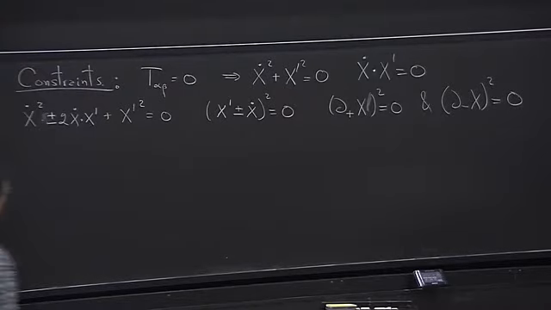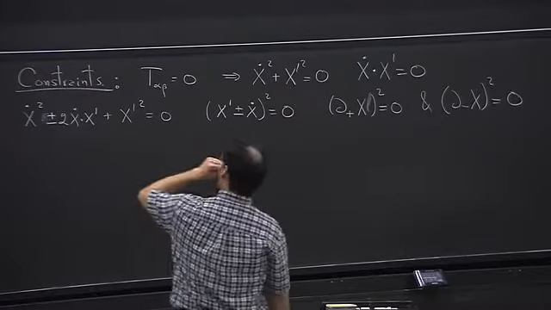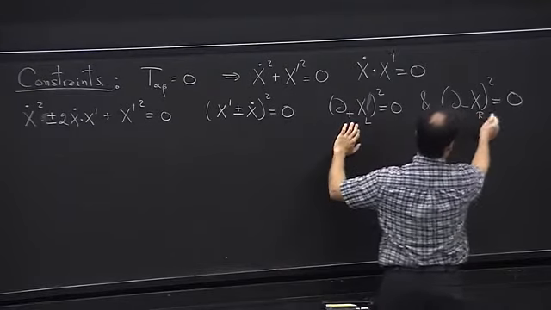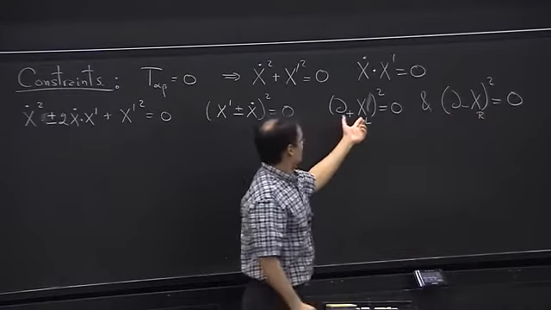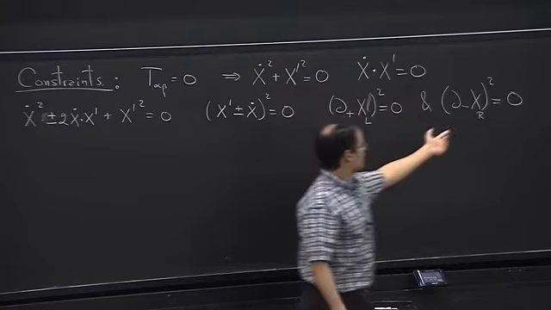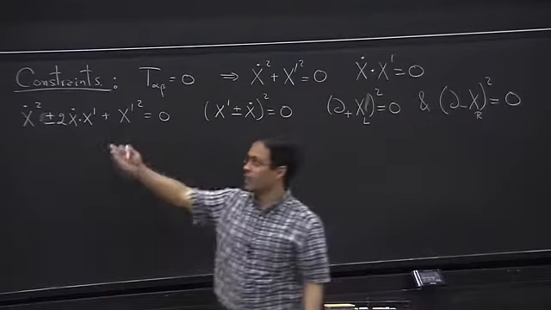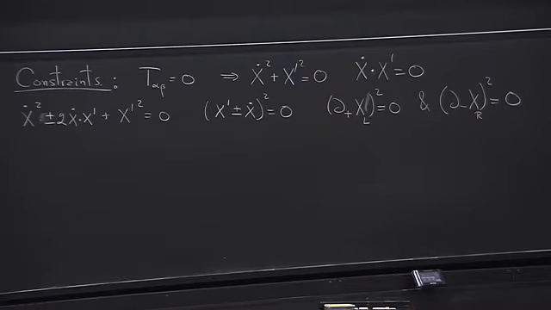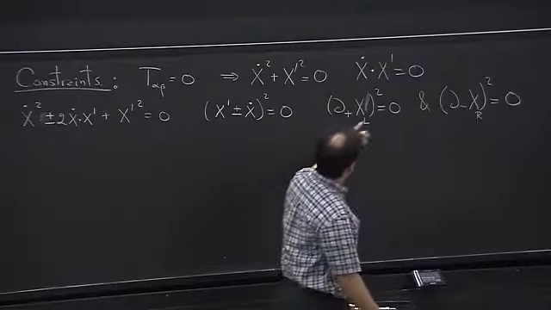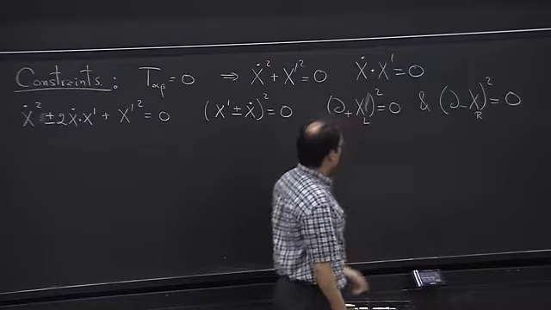And they look very nice because now we can use that only the left movers contribute to this and only the right movers contribute to this. In fact, we found the expansions in Fourier modes of these guys even before we did it for x. That's the way we found the expansion for x. So we can go back and try to compute these things in terms of oscillators.